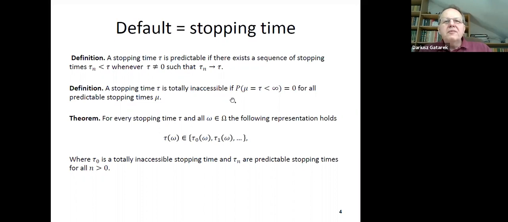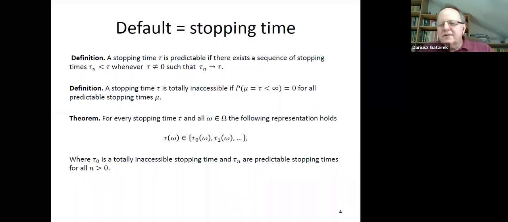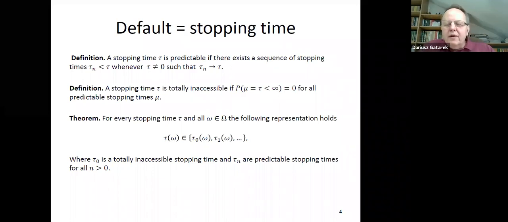And the theorem is that a stopping time is, on some parts of the probability space, either predictable or totally inaccessible.